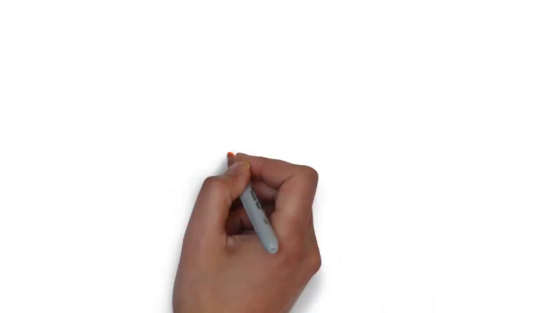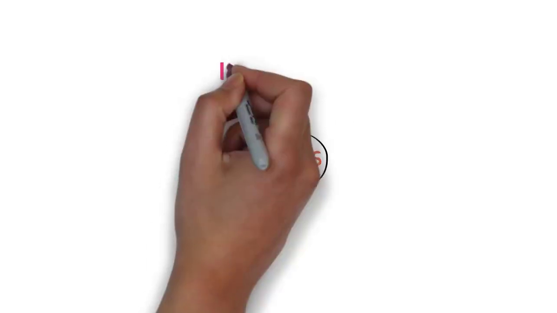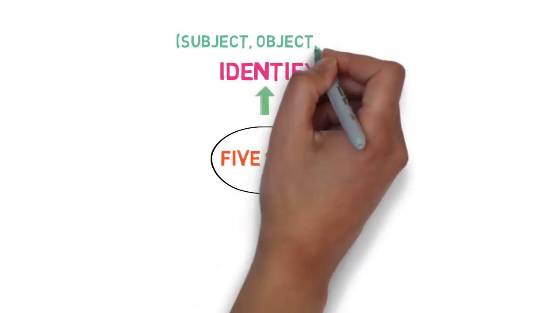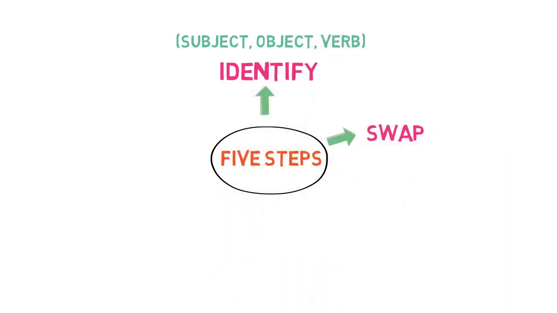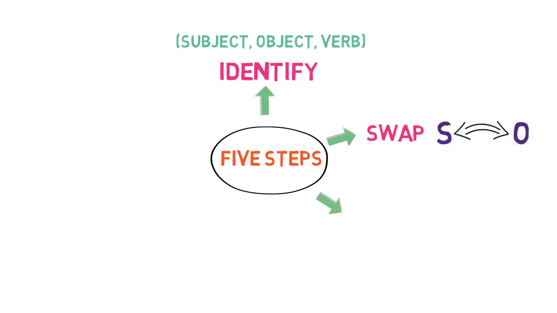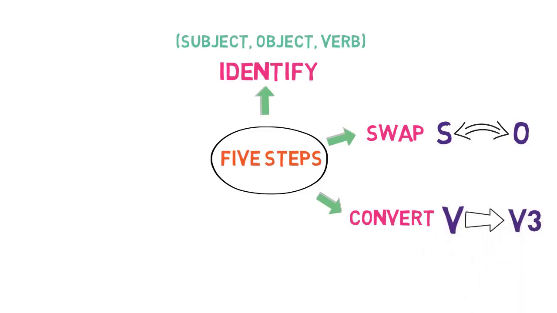There are basically 5 simple steps in converting an active voice to passive. Let's see them one by one. First, identify the subject, object and main verb in any sentence. Second, swap subject with the object and object with the subject. Third, convert the main verb into the third form of verb.